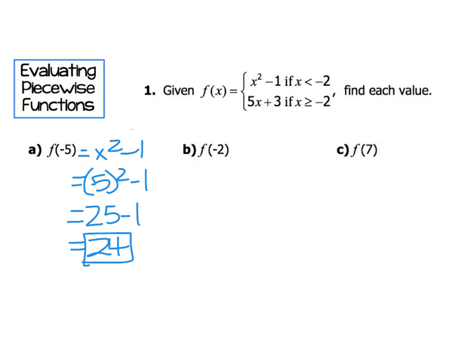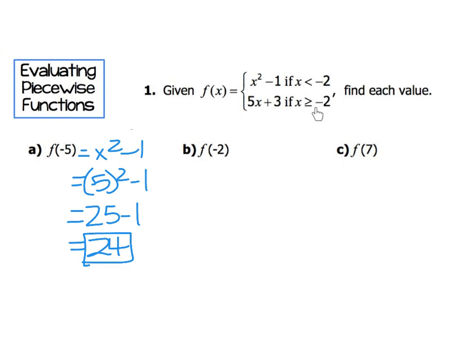All right, now for part B, f of negative 2. When x is negative 2, which function do we want to use? Do we want to use the top one or the bottom one? Well, our x is equal to negative 2, so we're going to use this one because this domain is when x is greater than or equal to negative 2.